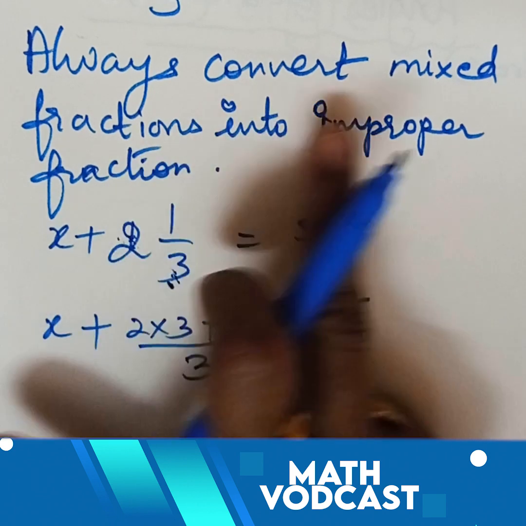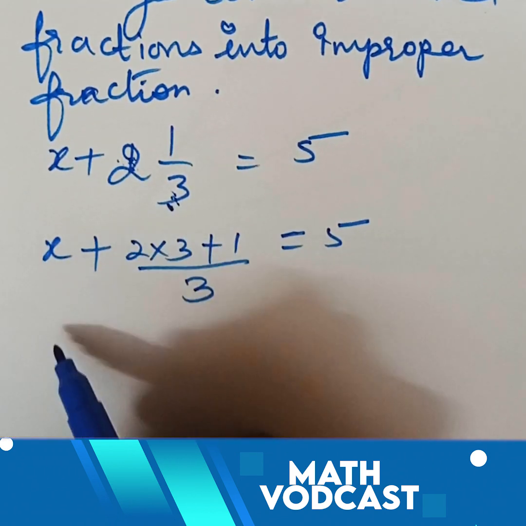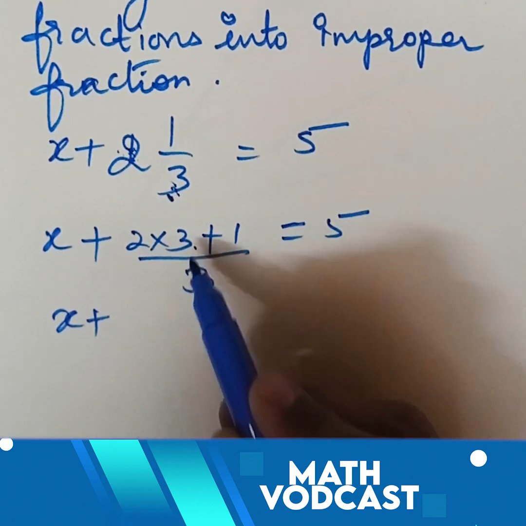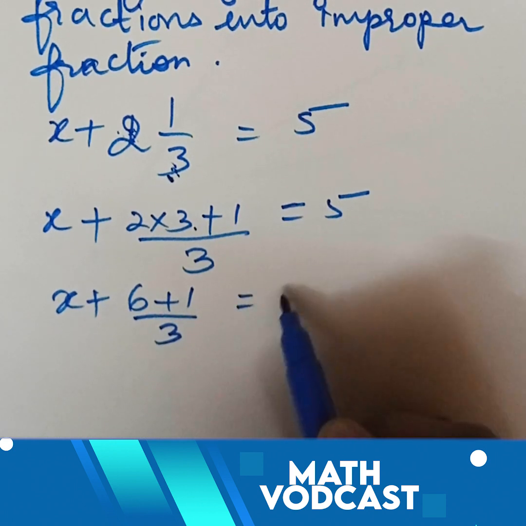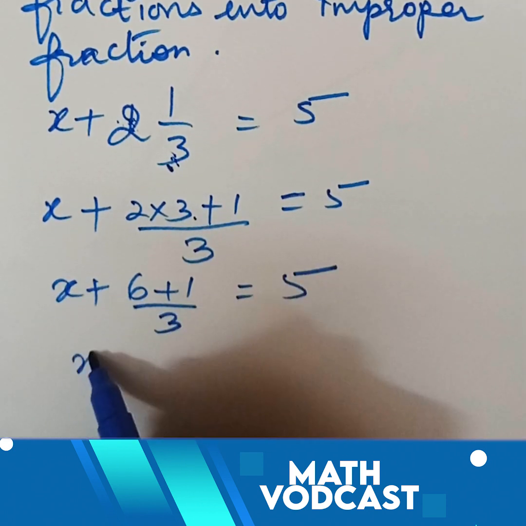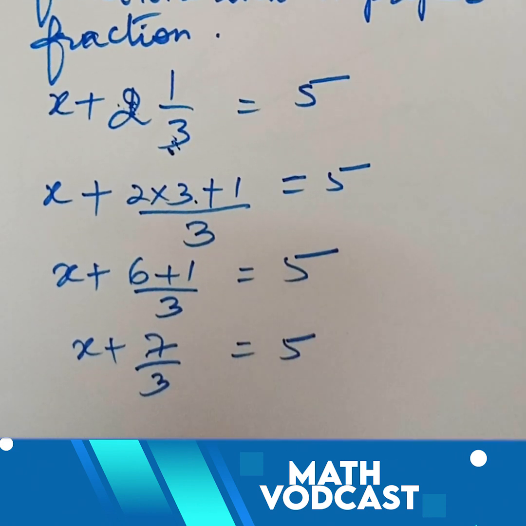If you have any doubts in converting a mixed fraction into an improper fraction, kindly see my earlier video. So x plus 2 into 3 is 6, plus 1, divided by 3, is equal to 5. x plus 7/3 is equal to 5.